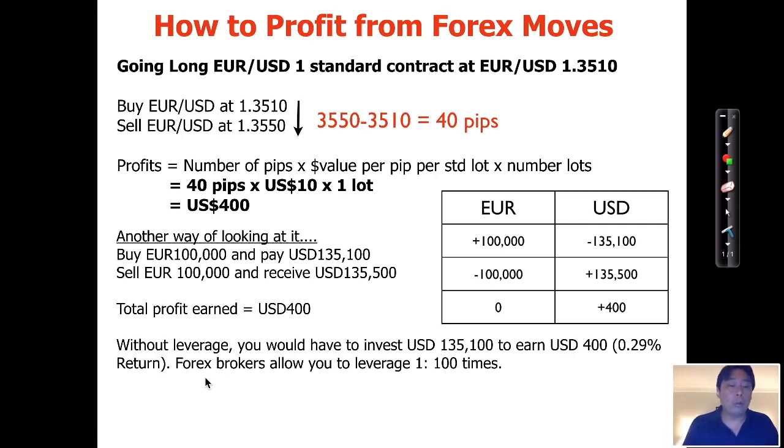Most forex brokers allow you to leverage 1:100. What does that mean? That means for every 100,000 euros, you only need 1,000 euros of deposit to buy that position. So if you only use 1,000 euros, you're making $400 from 1,000 euros, and that's a much better return.